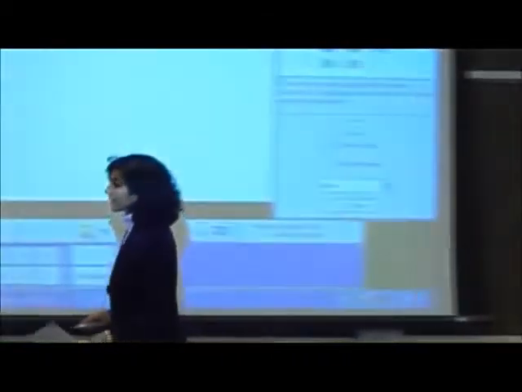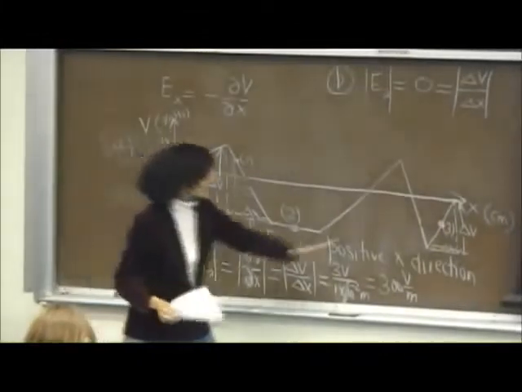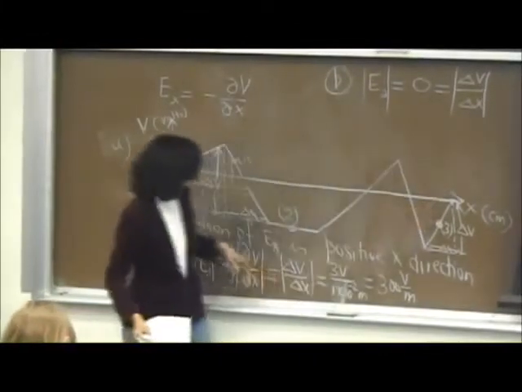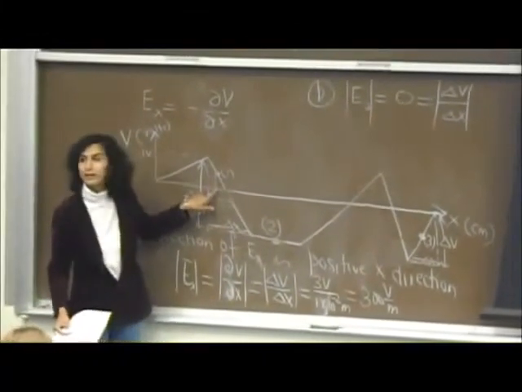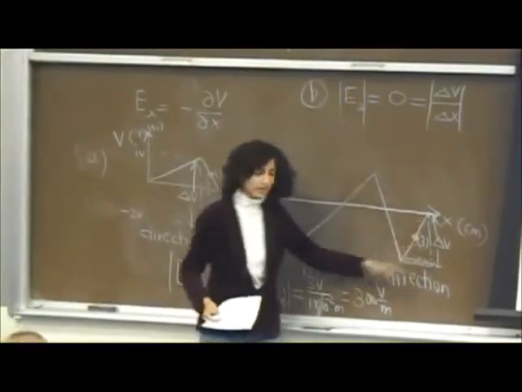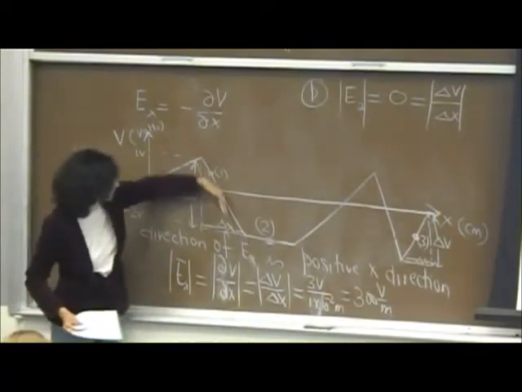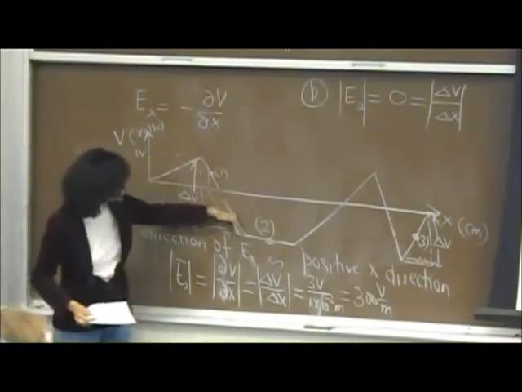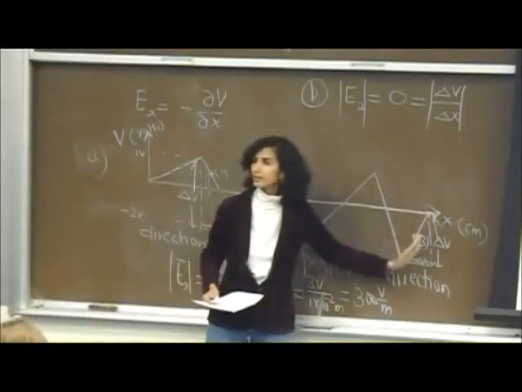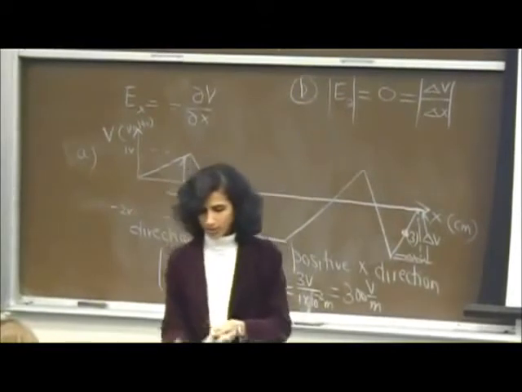Would we have expected the electric field magnitude to be stronger here at this value of x compared to this value of x here? Why? Yeah, because the slope is steeper. I don't know if I drew it as well as it is in your practice test, but this slope is not as much as this slope. Does that make sense? Okay, let's move to the next question.